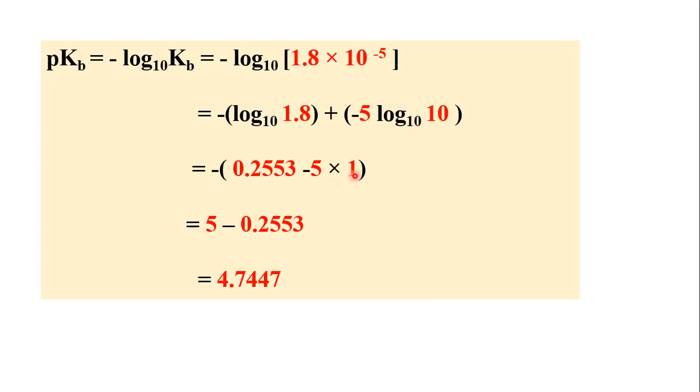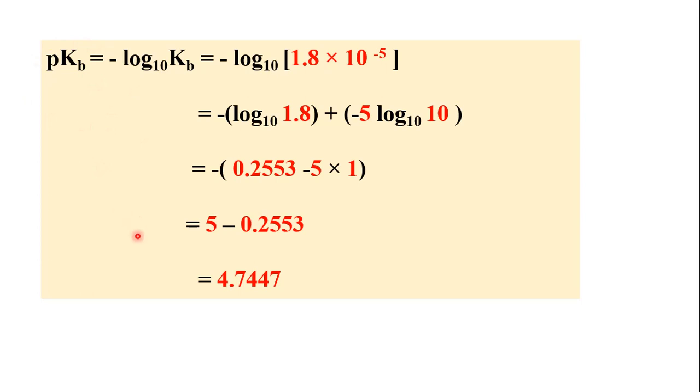Log to the base 10 of 10 is equal to 1. And log to the base 10 of 1.8 is equal to 0.2553. So minus 0.2553 minus 5, that is equal to 5 minus 0.2553, and it is equal to 4.7447. That is the pKb.